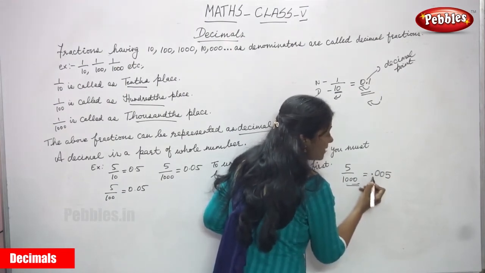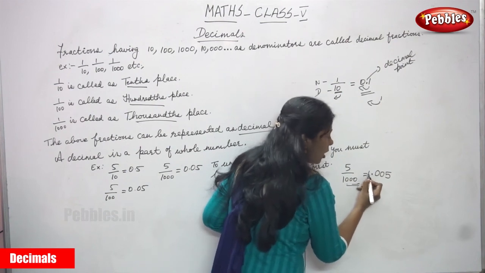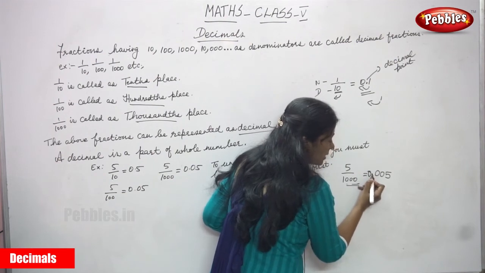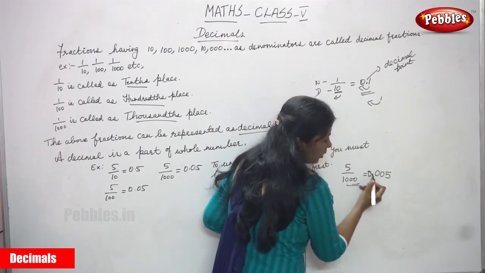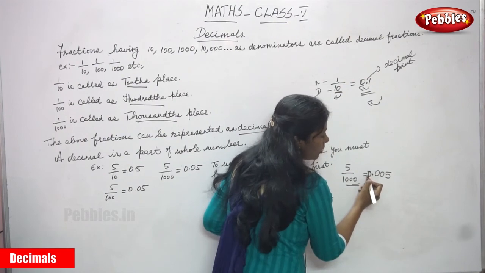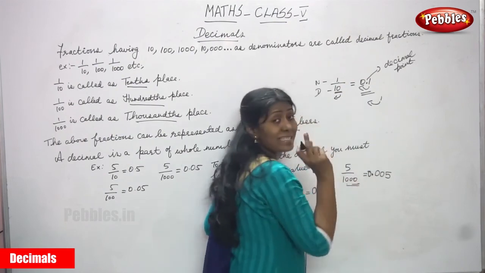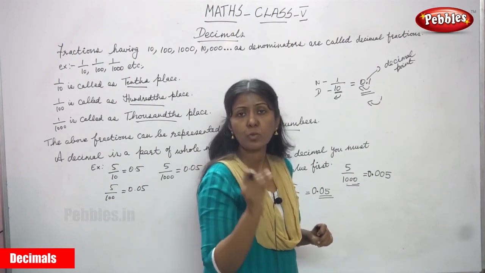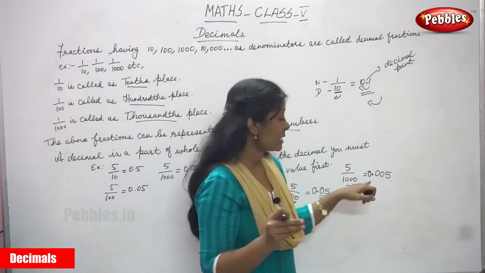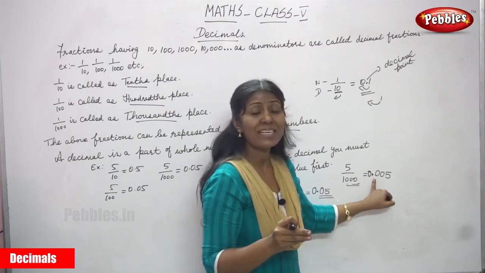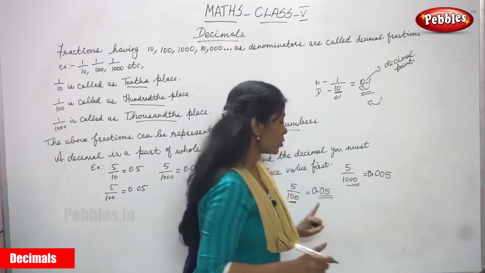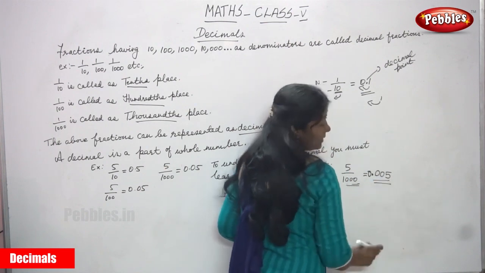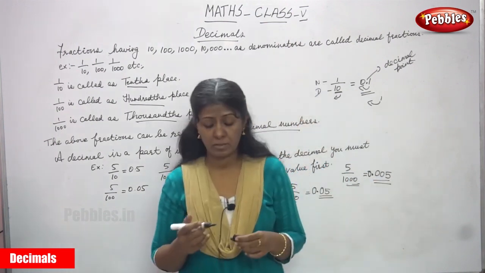After that, put a point, that is called a decimal point. After that, you have to put 0. That is a rule, because whenever you convert into a decimal, you have to add 0 first. Then the point, then you write 005. So here 3 digits come. So 0.005 is the right answer for this question.